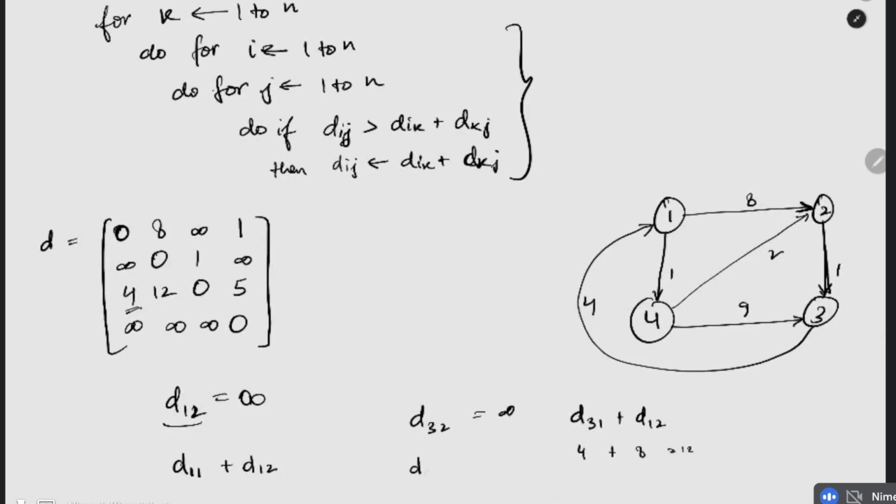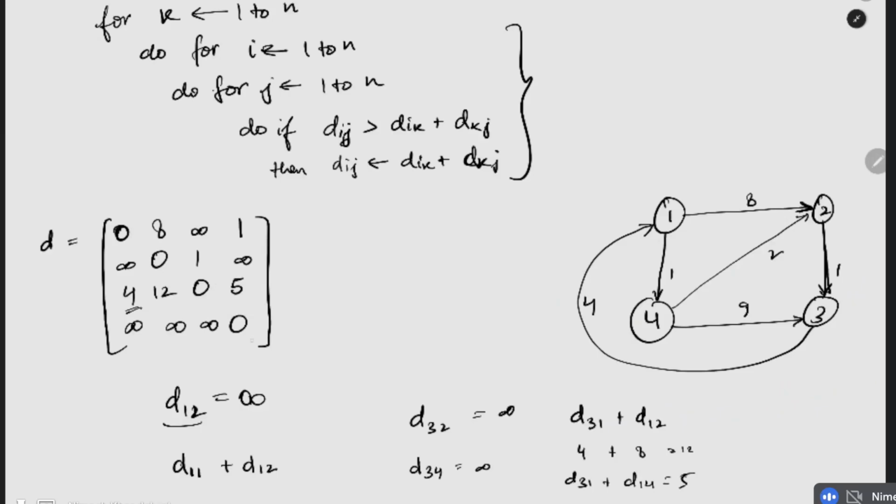So d34 is currently infinity, and d31 plus d14 is 5. So we update this to 5.